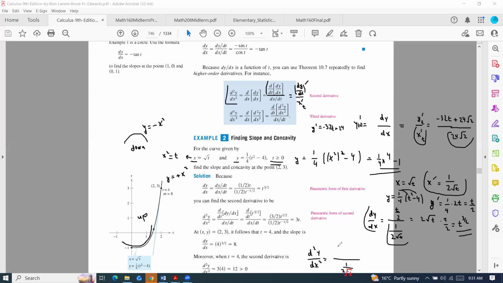So that will be 3 over 2, right? And t will be raised to the power of 3 over 2 minus 1, which is 1 over 2. Or just square root of t. So I can either write this square root t over 3 over 2 power, or 1 over 2 power. And anyways, I'll write a square root because it looks like there's a square root on the bottom, so it will be bigger too.